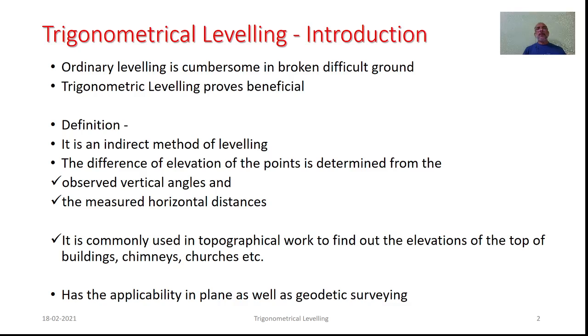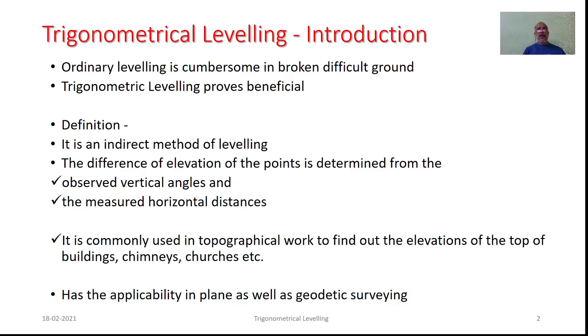So this trigonometrical leveling is an indirect method of leveling in which the difference in elevation of the various stations is determined from the observed vertical angles and the distance measured up to the station under consideration, which could be either directly measured or indirectly determined.